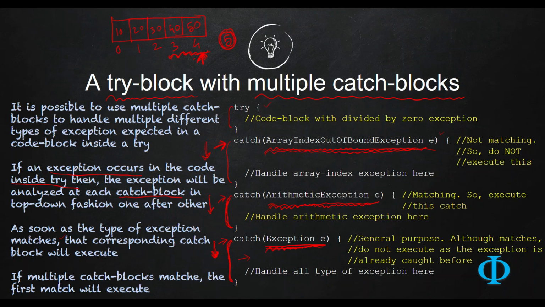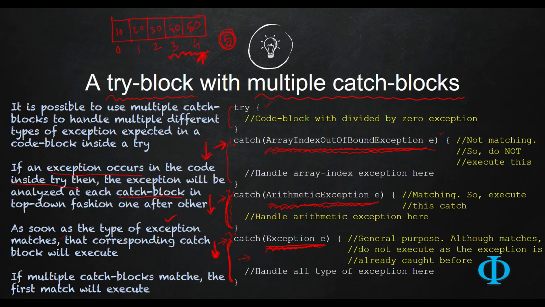So whenever you write your code like this, as I have said, as soon as an exception occurs, it will be analyzed in each of the catch blocks in top down fashion. It will start from the first catch block, then the second, then the third, and so on. And as soon as one catch block matches the type of exception, that catch block code will be executed.